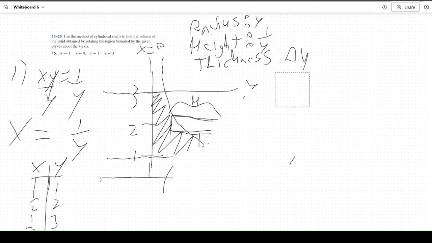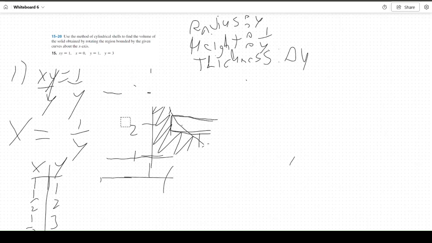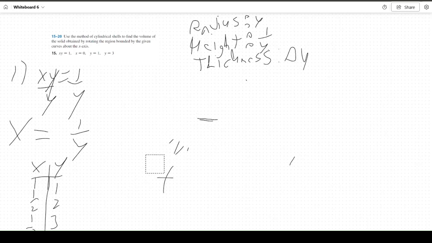Let me just get this out of the way to make more room. So I know this is kind of messy, guys, but trust me, it's gonna be worth it. So let's try to find our solution.